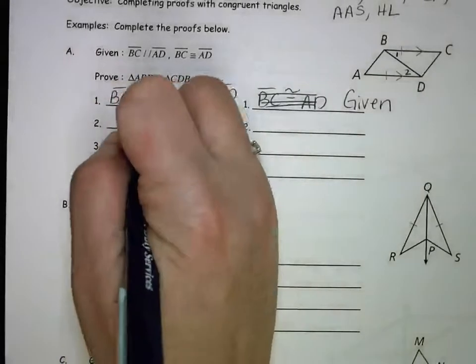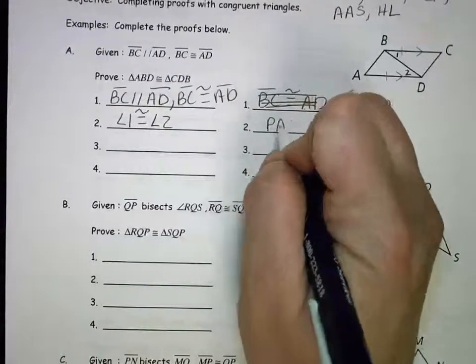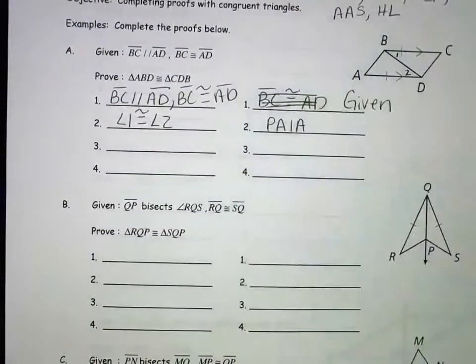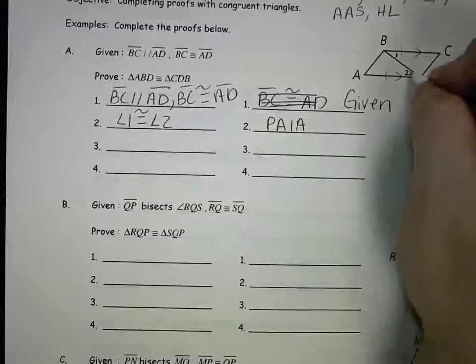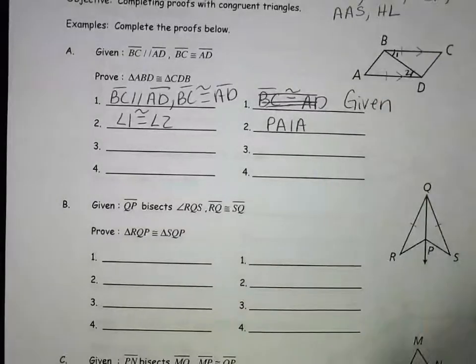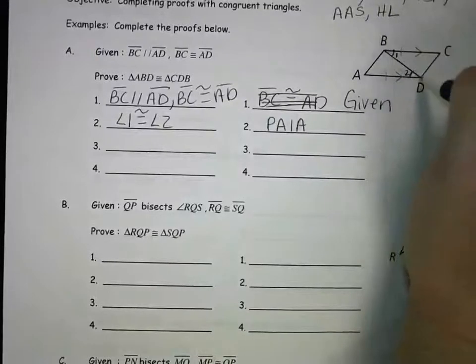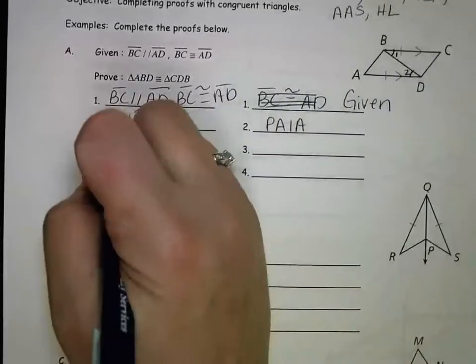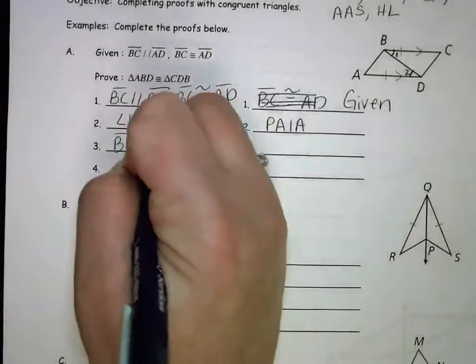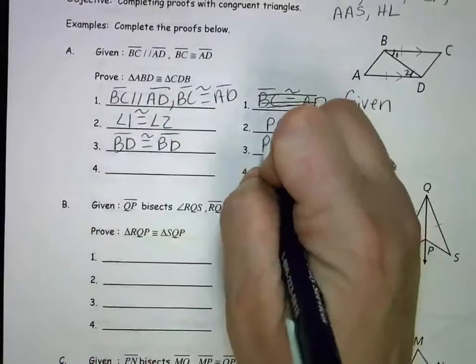Angle 1 is congruent to angle 2 because we have parallel lines, alternate interior angles. So I'm going to mark those 2 congruent. And then BD is congruent to BD by the reflexive property. And you're going to use that a lot.